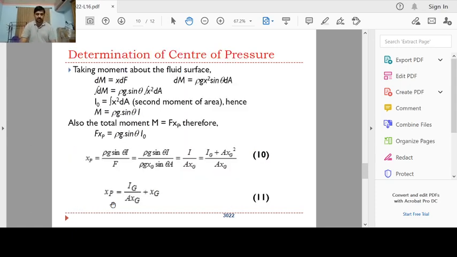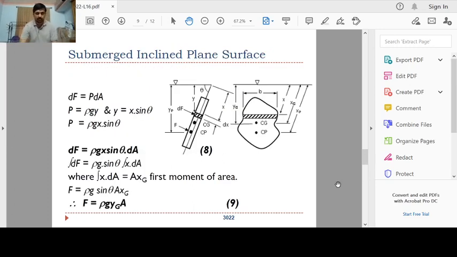Now, to determine the center of pressure, again the same procedure, taking moments over the fluid surface and applying the principle of moments, you will get xp. What is xp here? Why not yp? This is yp, vertical. Now xp is the inclined distance. The actual surface is an inclined one, right? We are making that inclined surface a vertical one, and we are taking inclined distances.